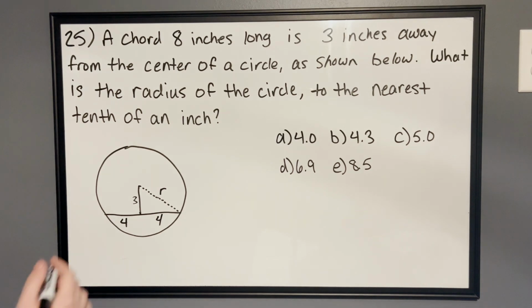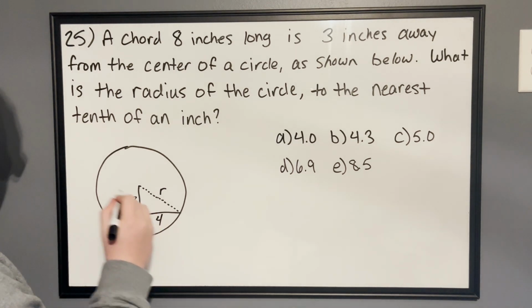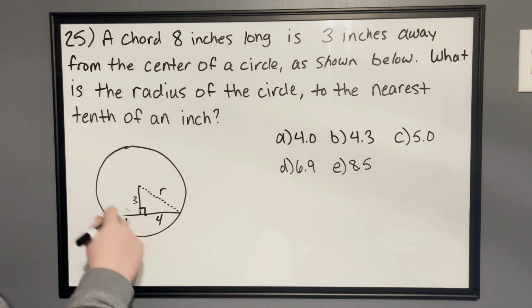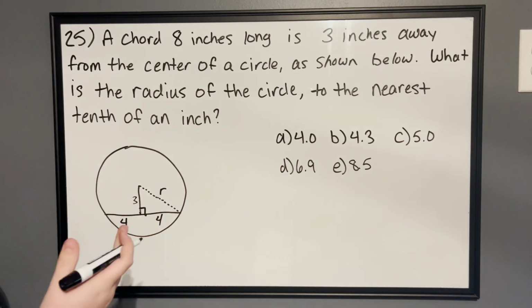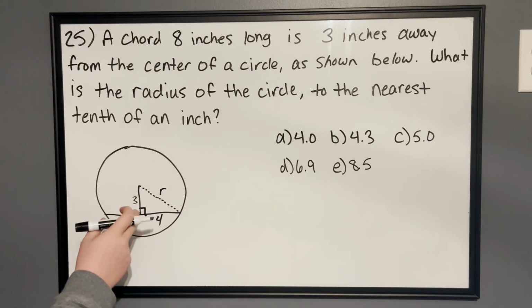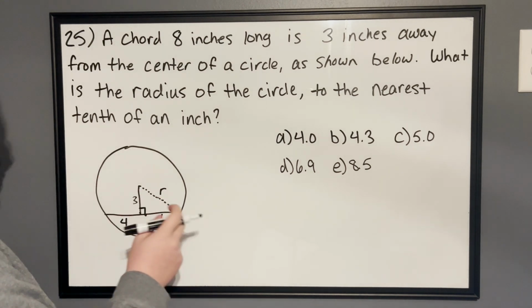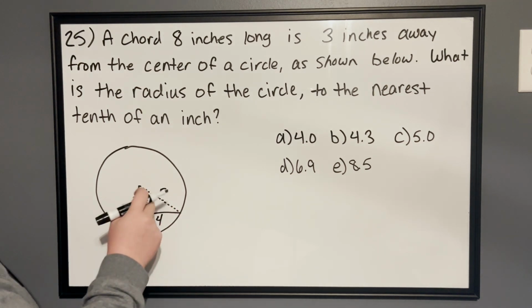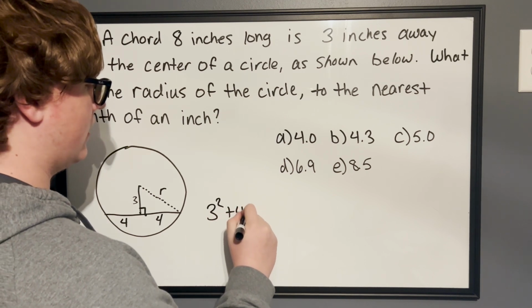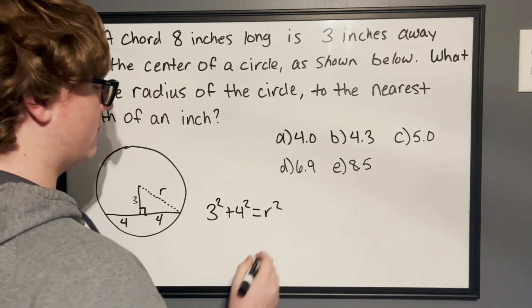So now we have a right triangle right here, and the radius of the circle is the hypotenuse of this triangle. So we can use the Pythagorean theorem to figure out what the radius is. All we need to do is square both of these, add them up, and then take the square root of what we get, and that will give us our radius. So we have 3 squared plus 4 squared is equal to the radius squared.